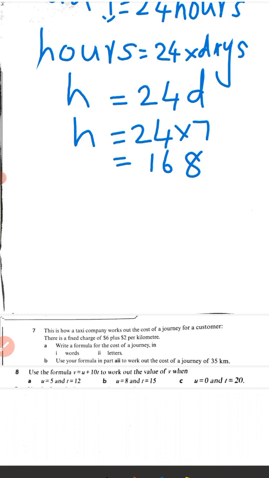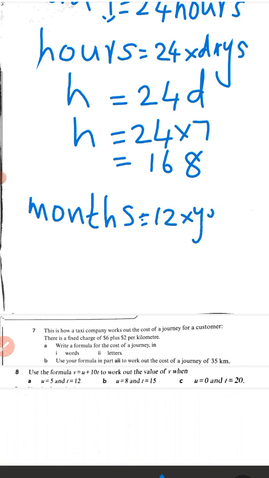There are 12 months in a year. So we can write this in words first. That is, months is equal to 12 into years.